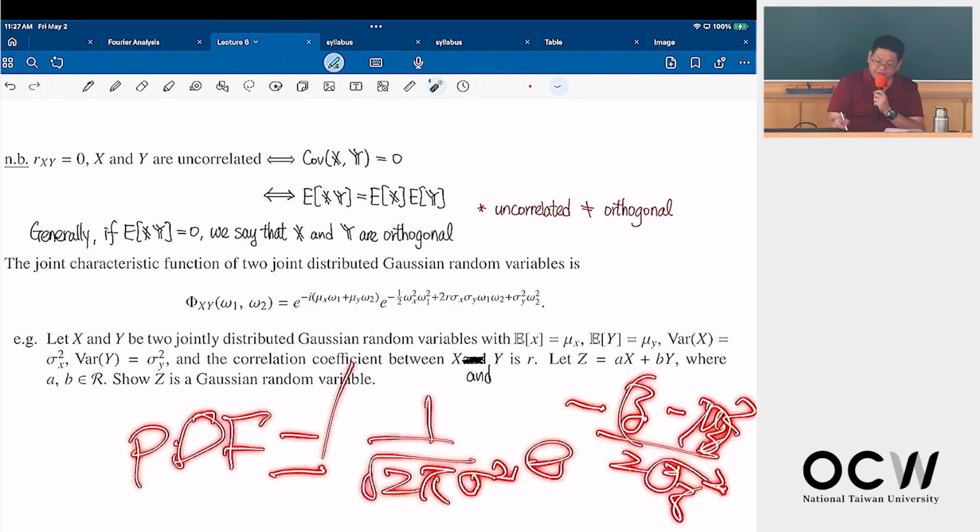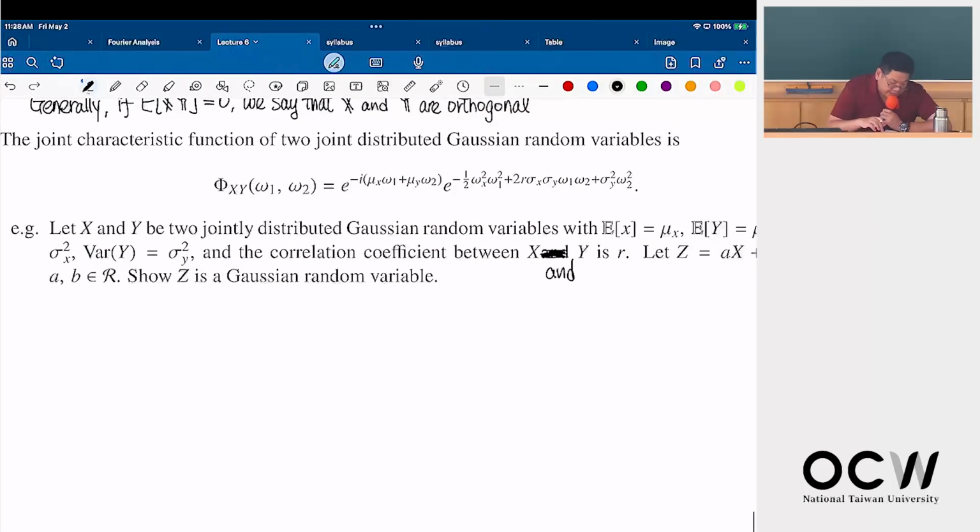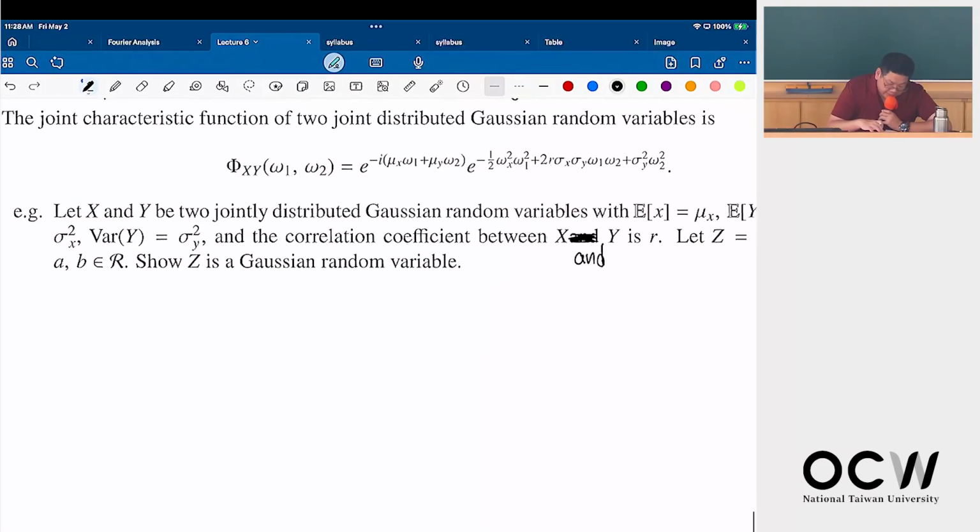If I have a PDF in this form, then I know this is Gaussian. That's one way we can think about it. We can also use the characteristic function to prove that. If Z is Gaussian, what is the characteristic function of Z?